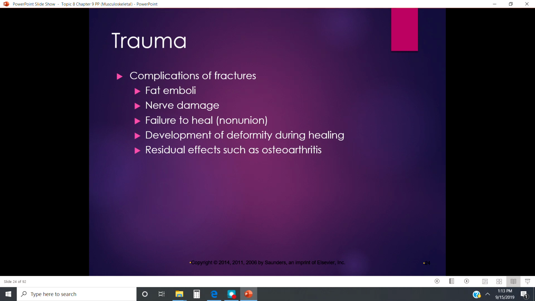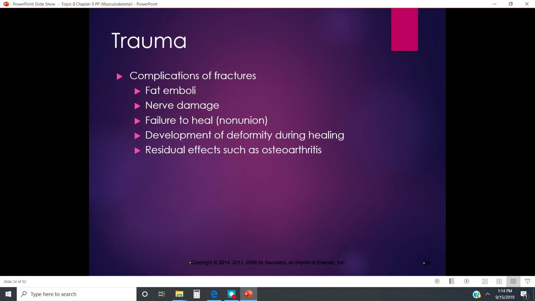to release that pressure. Some other complications of fractures, fat embolism, right? If the bone breaks and in the medullary canal there's some yellow marrow, which is fatty bone marrow, that can get into the bloodstream. There could be nerve damage, failure to heal.